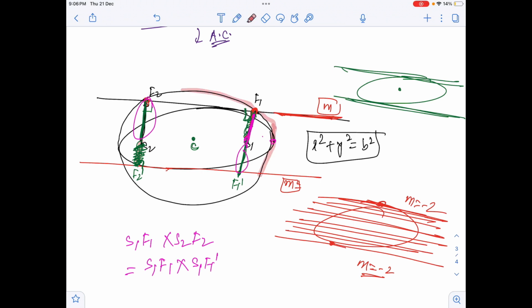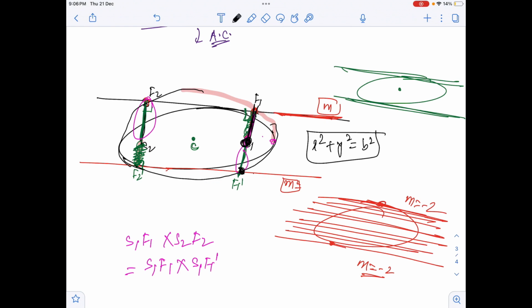Because now you have a circle. So we have an auxiliary circle right now, and we have a point S1, so S1 F1 and S1 F1 dash. So basically this point will also lie on a circle, right? My diagram is not exactly up to scale.